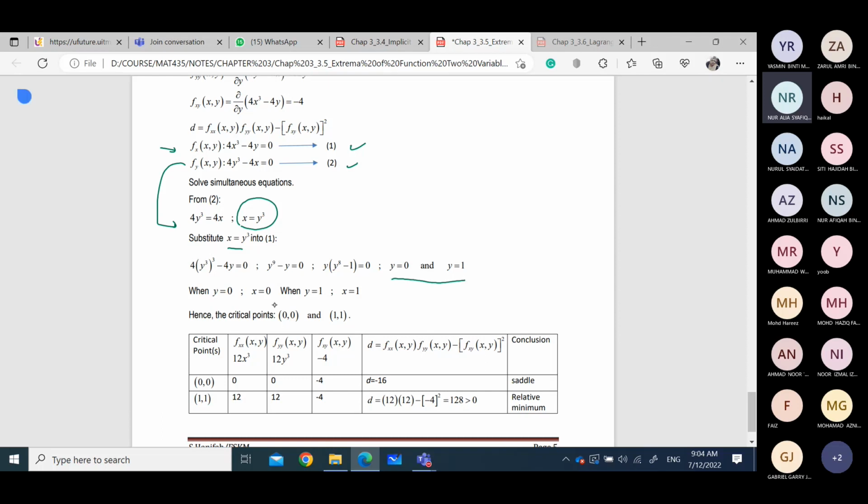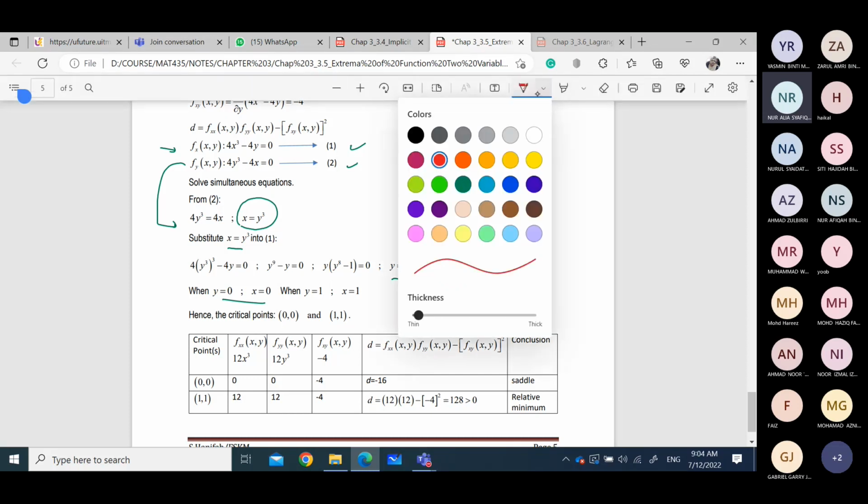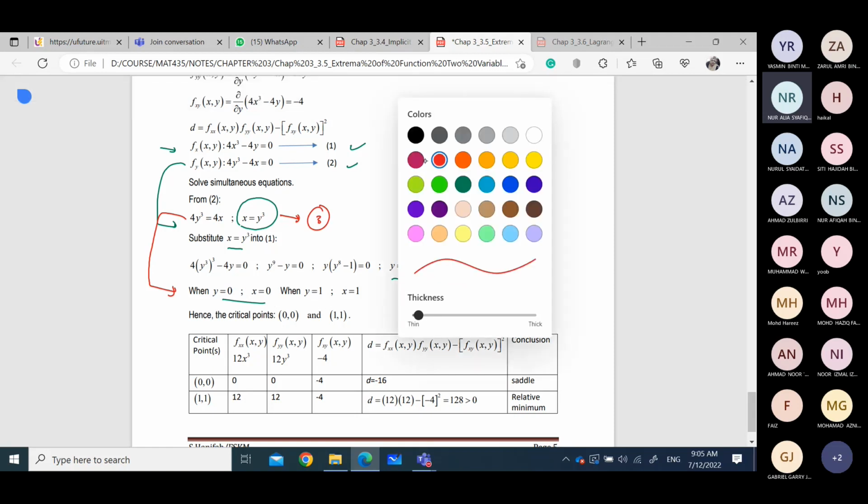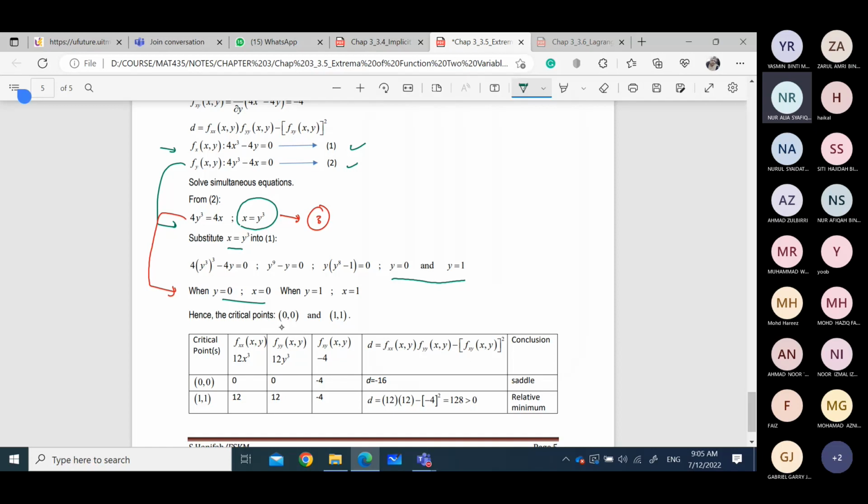So when y equals 0, x equals 0, from this third equation. Okay, so this one is the third equation. So when y equals 0, x will be 0. And when y equals 1, x equals 1. Right? Okay, so here we have two critical points, which are (0, 0) and (1, 1).